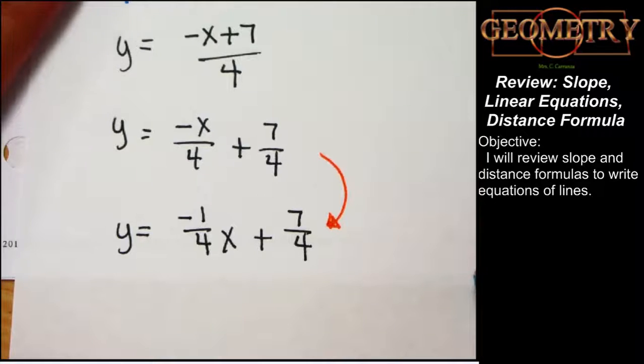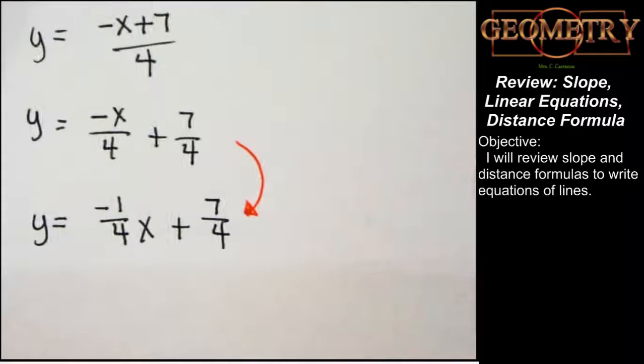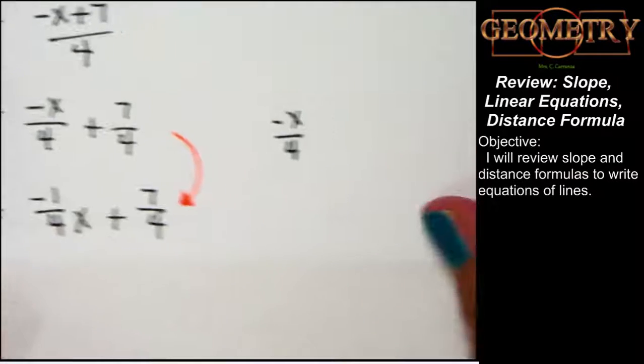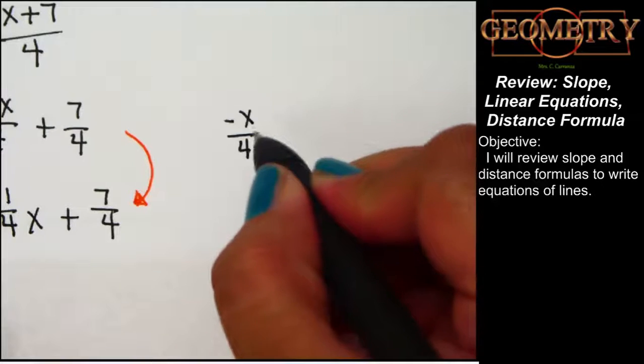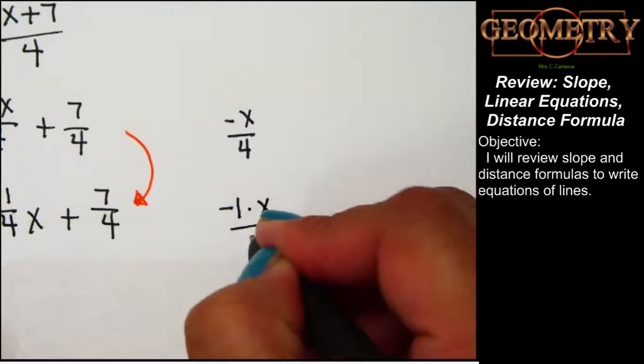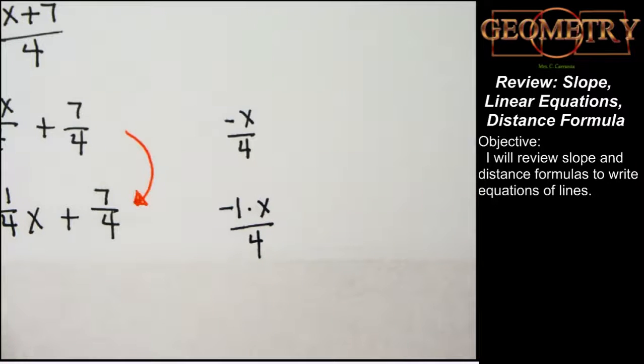Okay, I've got a couple nods, so let me show you the magic so that way you can be a magician too. All right, I have this. I can rethink of this negative x as negative 1 times x, yes? Right? Can totally think that?